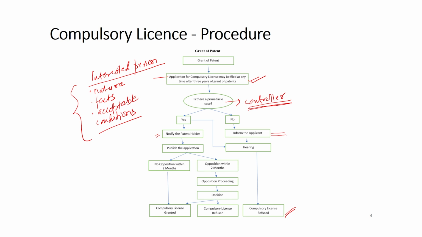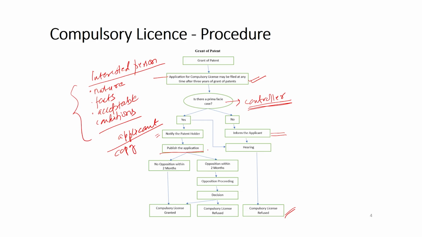Now, this notification to the patent holder has to come from the applicant also. The applicant will provide a copy of his application to the patent holder. This application, which according to the controller has some merit, will be published in the Journal of the Patent Office.